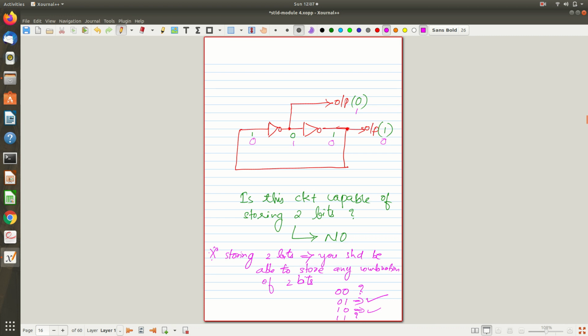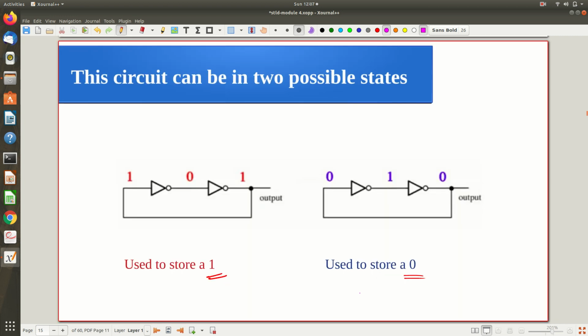But it can store a single bit for sure, because if you want to store 1, you use a circuit like this. Somehow you feed that 1, and you will get this 1 always. Here it achieves storing of 0, but it never achieves storing 2 bits. So that is the conclusion. The circuit can store only 1 bit of information, and basically we need this only.